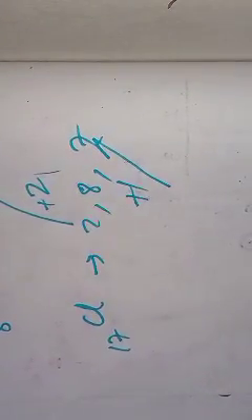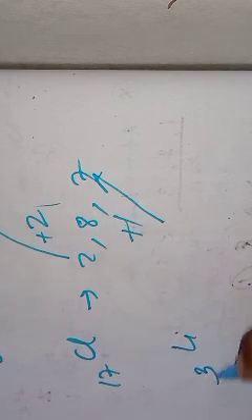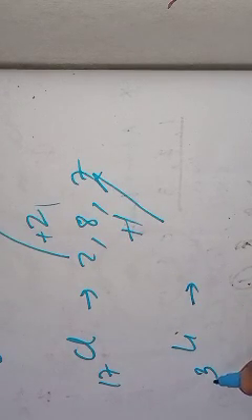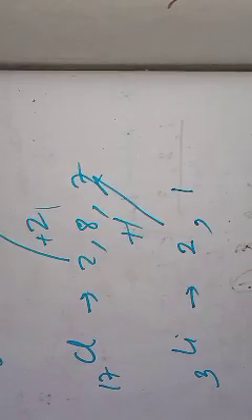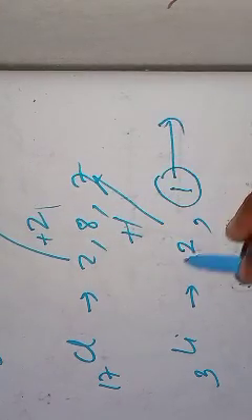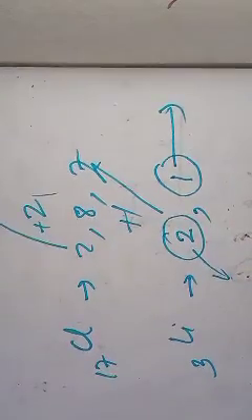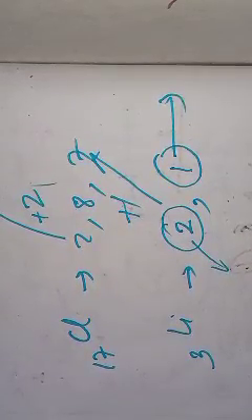In the case of lithium, the atomic number is 3. The electronic configuration is 2, 1. It has 1 electron that will be removed, so it will acquire a duplet electronic configuration and become stable.